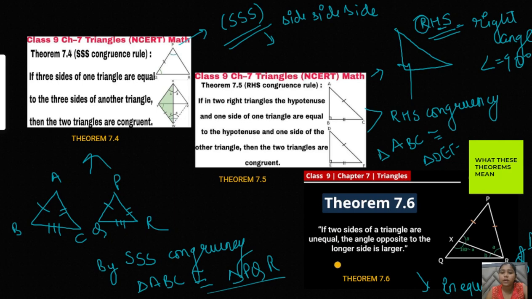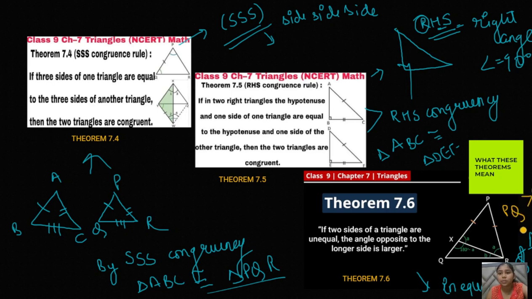So according to theorem 7.6, if two sides of a triangle are unequal, then the angle opposite to the longer side is larger. Let's suppose there are two sides PQ and PR, and PQ is not equal to PR. Basically PQ is the larger side. You can easily see that PQ is larger than PR, right?